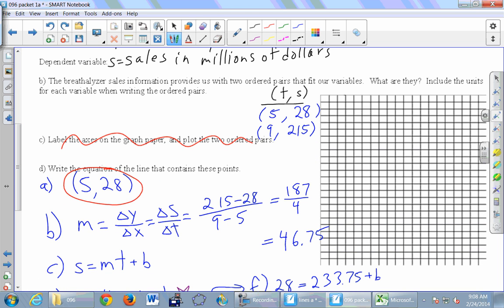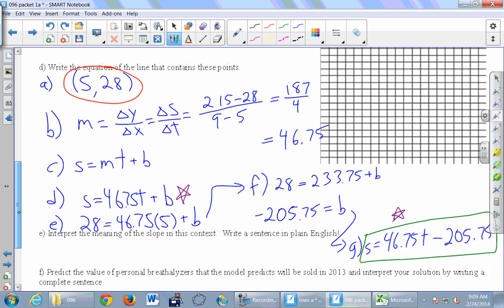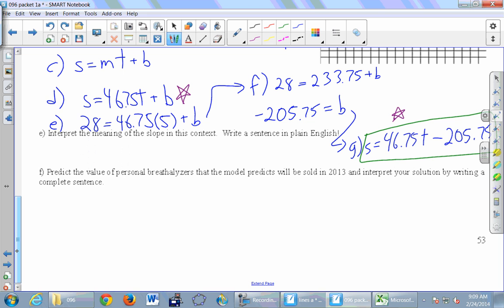And once it's 2 points, we have a familiar process that we can follow to get the equation of the line. Of course, there's always going to be some interpreting questions here. But the idea for this problem is just find the 2 points in all that data and then follow the familiar process for the equation of the line.